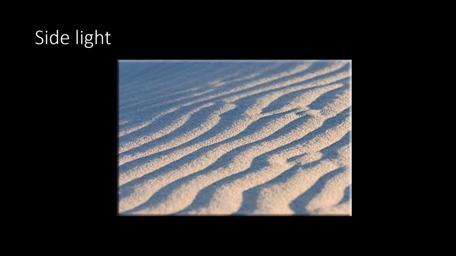So these sand dunes here, these little textures in the sand are highlighted. They have a very bright side and then they have a shadow side to them because the sun is off to the right at a 90-degree angle to the subject.